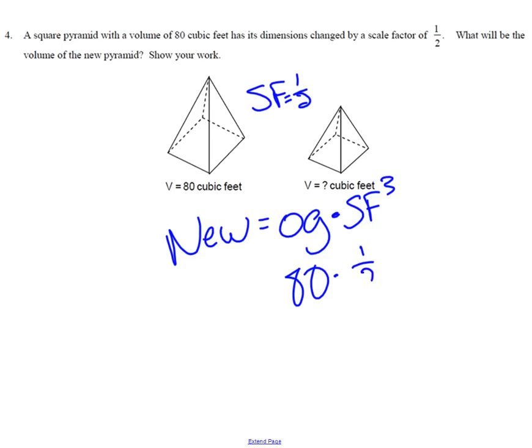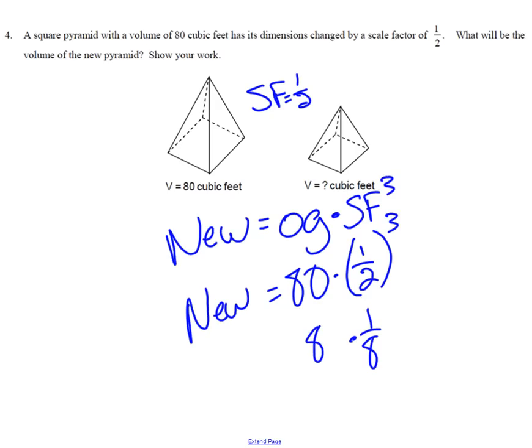Our scale factor is 1/2. Just like last time, these fractions don't change. You're going to see them again and again. 1/2 cubed is 1/8. So what's 1/8 of 80? 10. Or 80 over 8, which does equal 10.